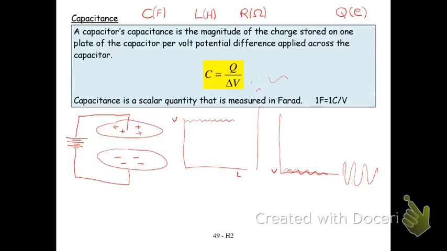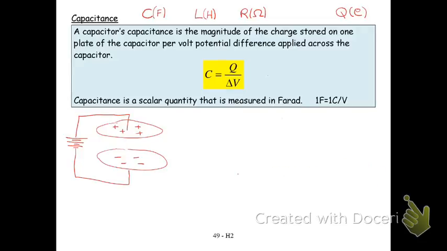You use an awful lot of capacitors as what are called decoupling capacitors for that kind of behavior. The other time you use capacitors is in a tuning circuit, like for a radio, a television or a cell phone, where you want a whole bunch of different signals to be distinguished by their frequency, but you want your radio to pick up the one frequency that you want.